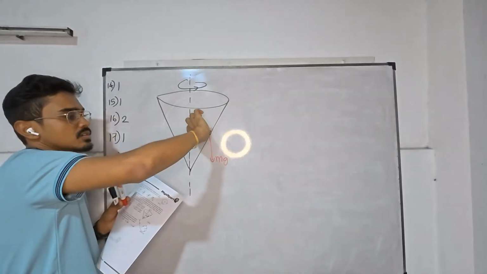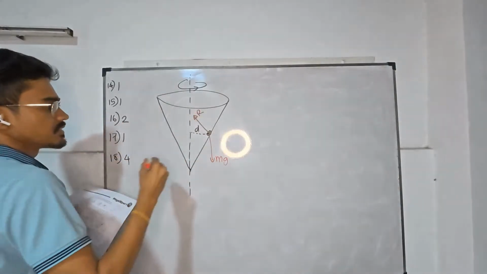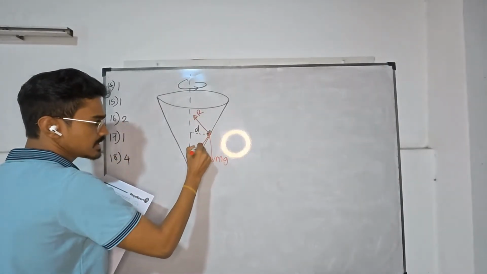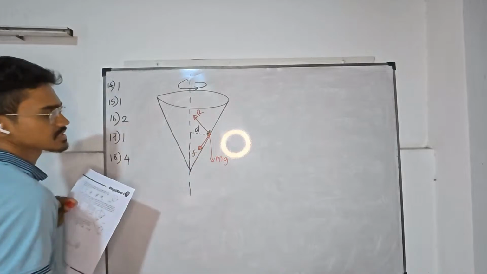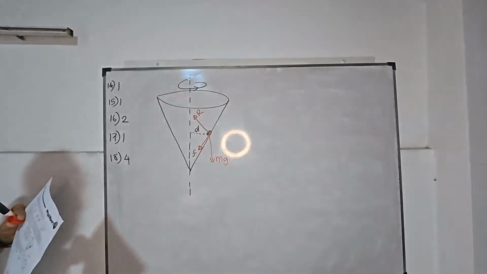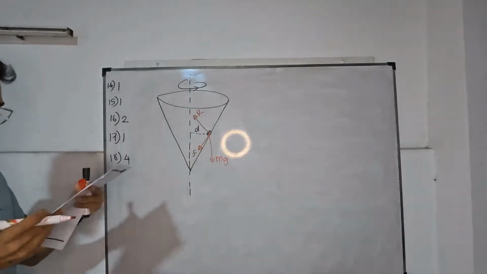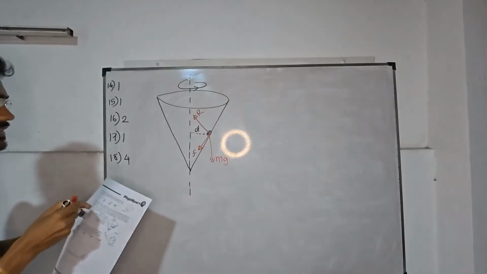So friction will act downward along the surface, inward toward the vertex, like this. And this angle is given, theta.